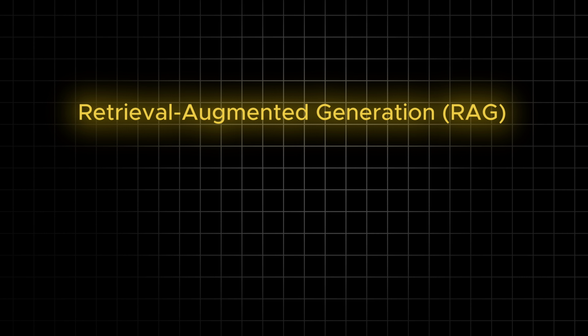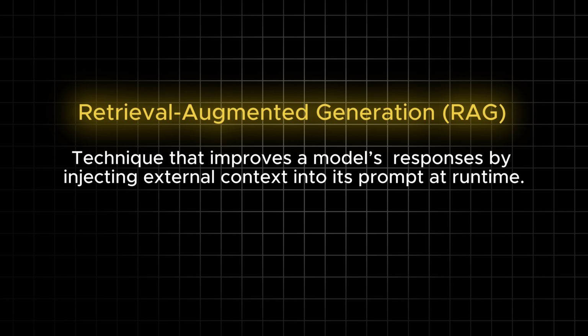Retrieval-Augmented Generation. This is a technique that improves a model's response by injecting external context into its prompt at runtime. Instead of relying on pre-trained data, RAG allows the model to retrieve relevant information from connected data sources, like your uploaded documents, and use that as additional context when generating a response.